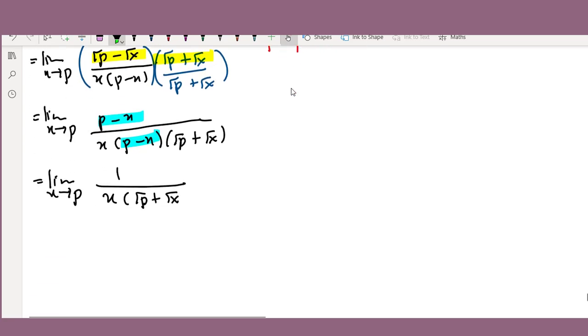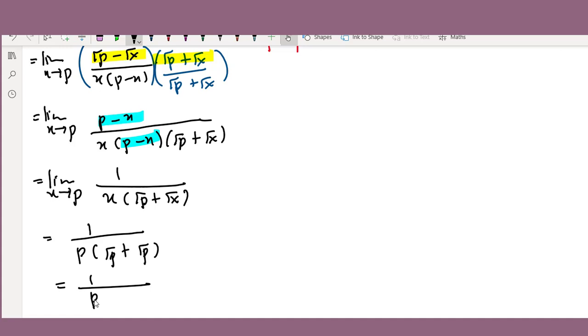And then next is substitute p. 1 over p times cube root of p plus cube root of p is 2 cube root of p, same like y plus y is equal to 2y.